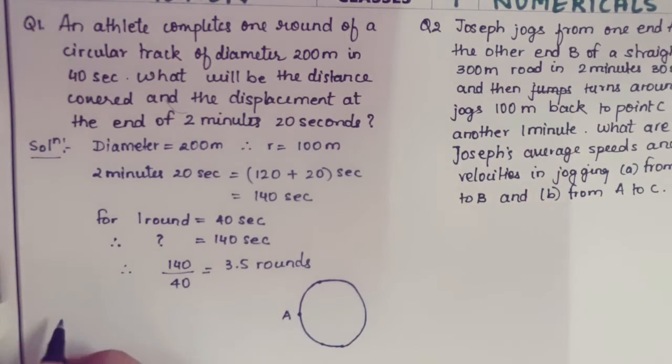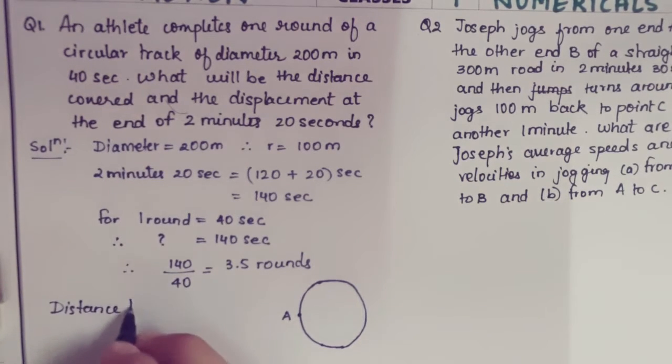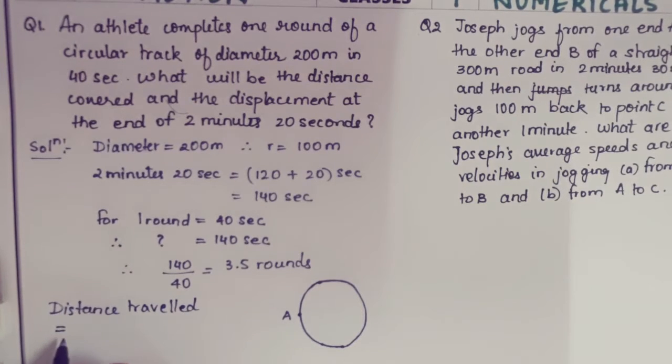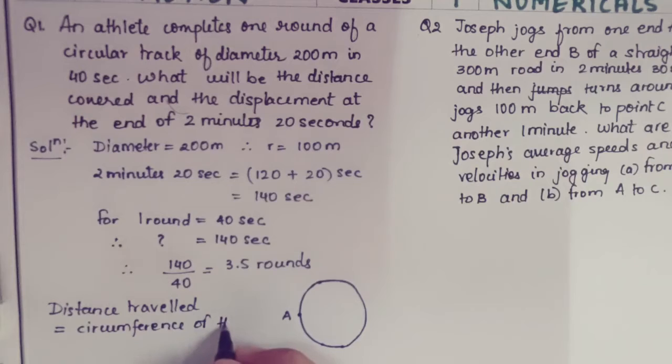So basically what we need to calculate is the circumference. So we can write it down. Distance traveled is nothing but circumference of the circle.